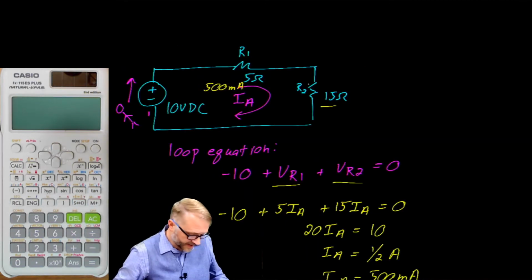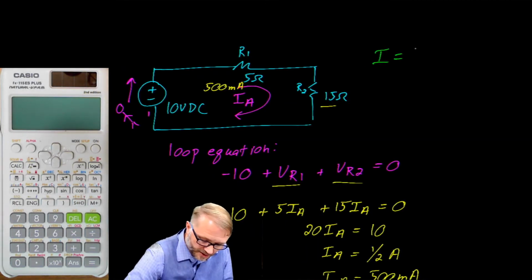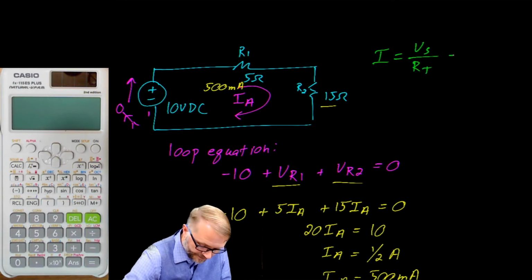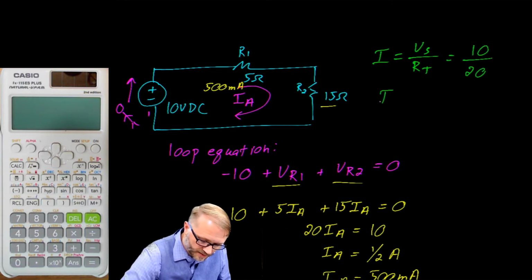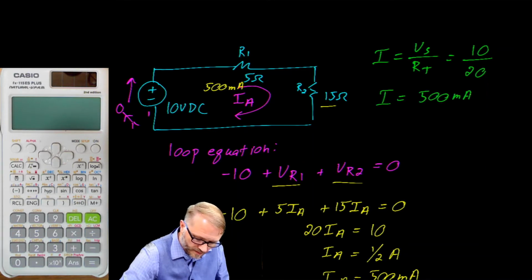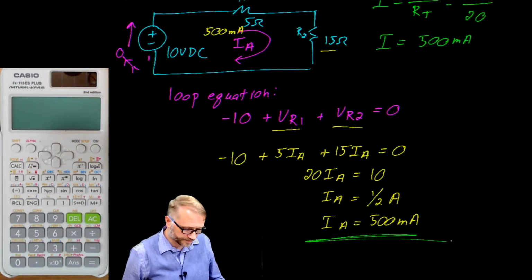We can verify that using the tools that are already in our toolbox. We would have said a current is the source voltage divided by the total resistance, which is 10 divided by 5 in series with 15, so that's 20. So our current is 500 milliamps. Okay, so far it at least seems to be consistent with what we know.